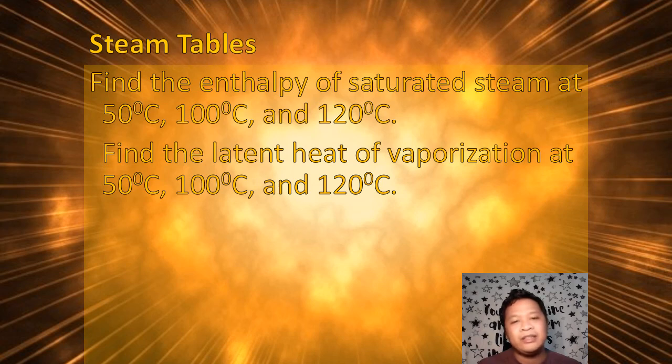And then to find the latent heats of vaporization at those respective temperatures, you just have to subtract the enthalpy of saturated liquid from the enthalpy of saturated steam at that temperature. Okay, kasi their difference is the latent heat by definition. Okay, so later on we'll be looking at interpolation of these steam tables. So that would be in the next part of this module.